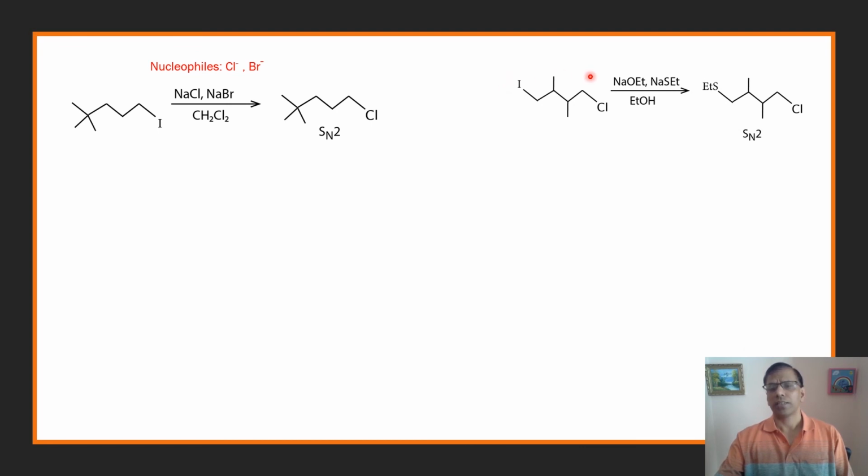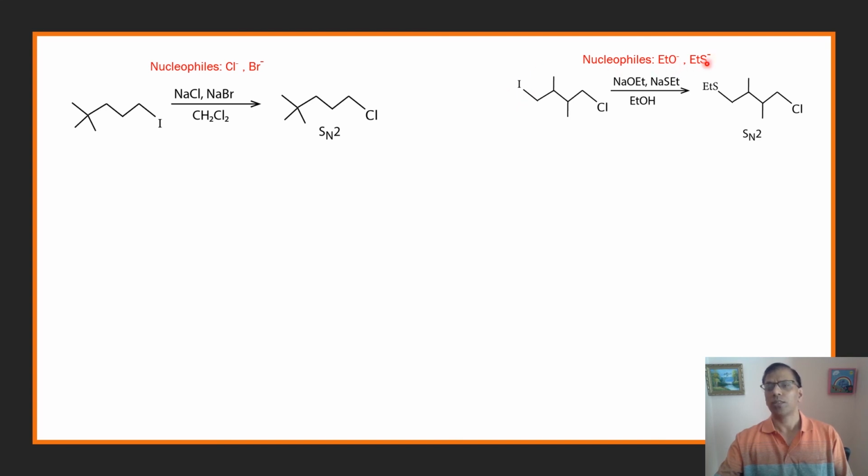Let's look at another example. In this particular case, you have 2 leaving groups, iodide and chloride, and you have 2 nucleophiles, ethoxide and ethane thiolate. And the reaction is being run in a polar protic solvent. So between the 2 leaving groups, iodide is a better leaving group because it can manage the negative charge better.